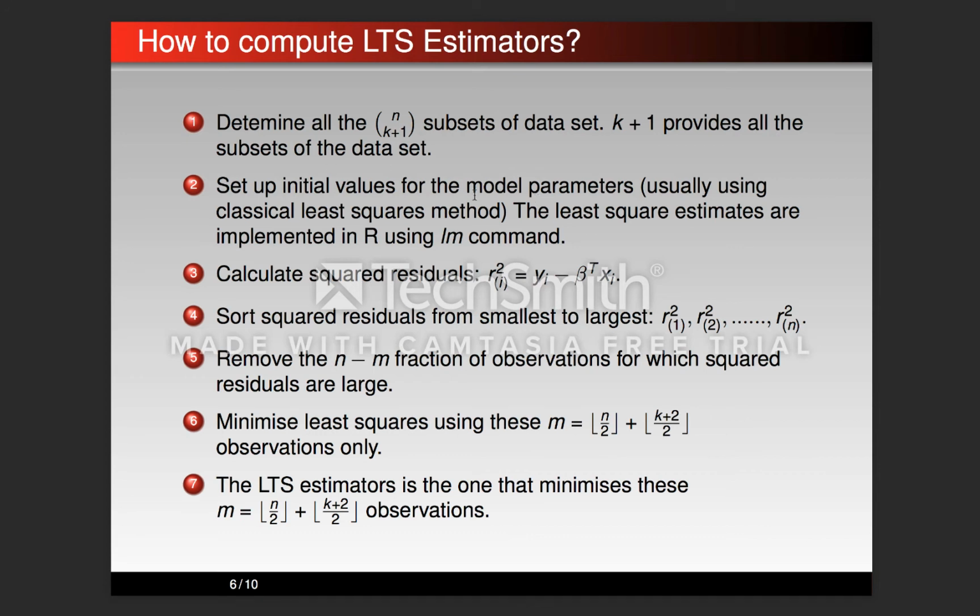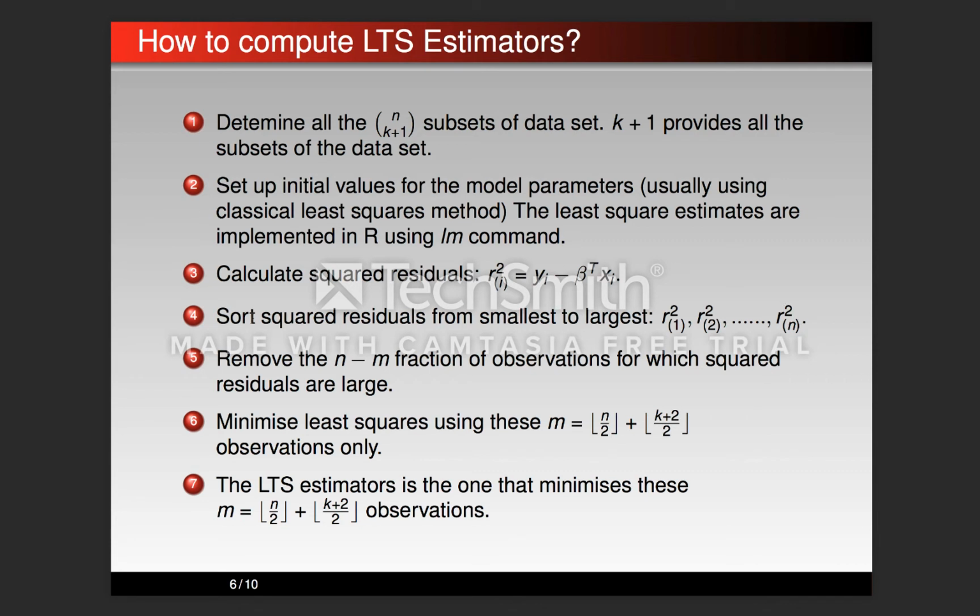Once we get the regression model using the simple linear regression method, we find the squared residuals using the formula r squared equals yi minus beta hat transpose xi. And the next step is to sort the squared residuals from smallest to largest. We have to arrange all these squared residuals in ascending order.